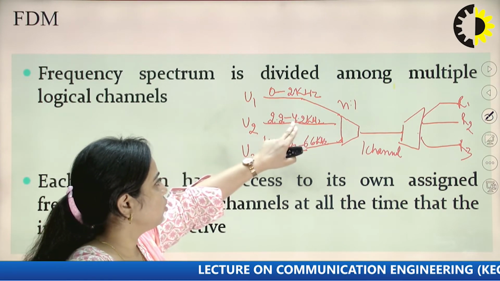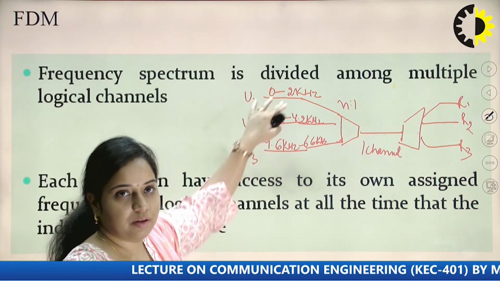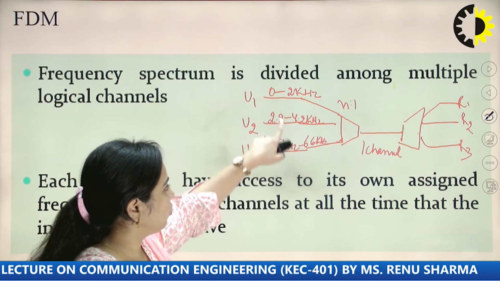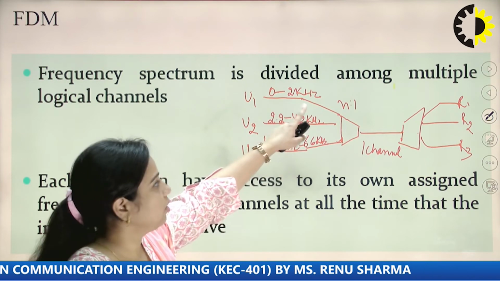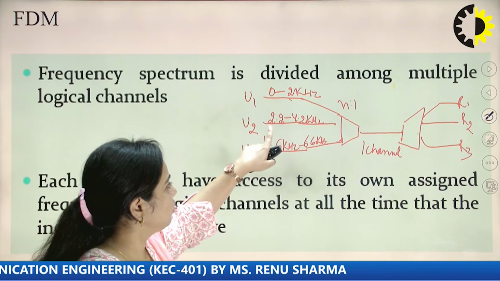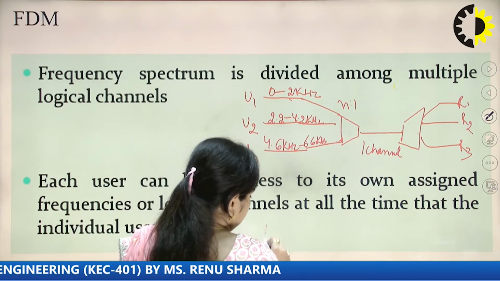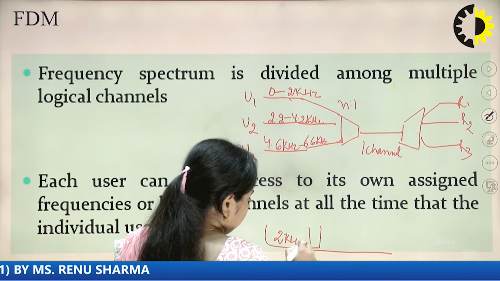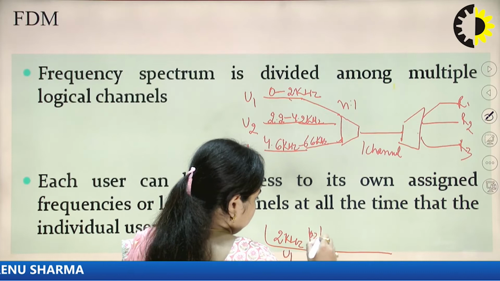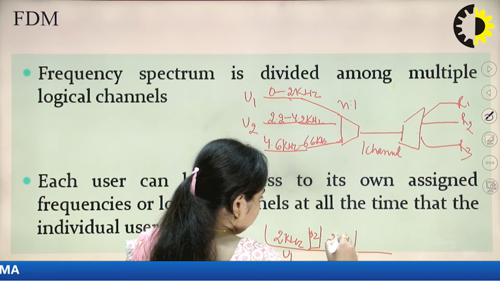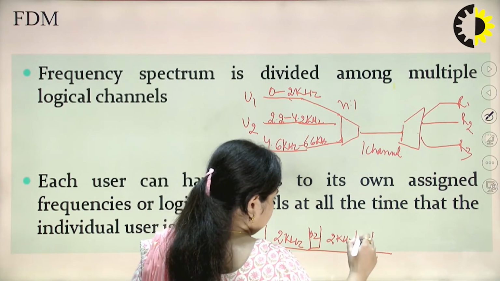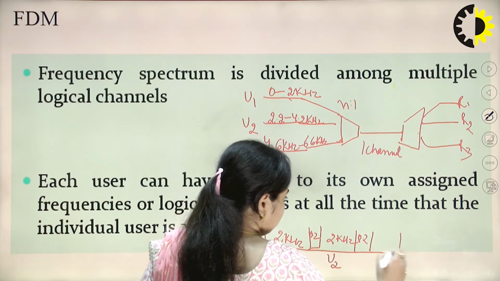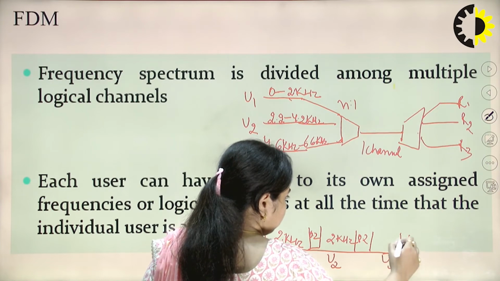You can see that 0.2 kilohertz of difference is there, and if you calculate the bandwidth of each user, it will be 2 kilohertz, but after this 2 to 2.2 there will be 0.2 kilohertz of space. So, this will be 2 kilohertz for first user, this will be 0.2, then again 2 kilohertz, then 0.2 of spacing. So, this will be U1, this will be U2, again this will be U3, this will be 0.2.